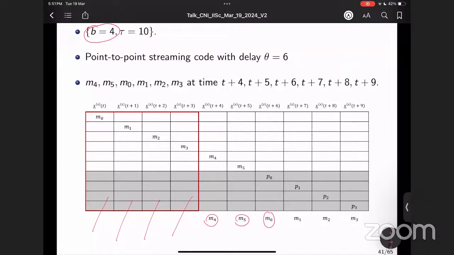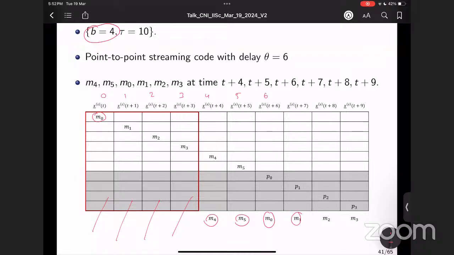So here M0 is erased. Now if you count the delay, this is 0, 1, 2, 3, 4, 5, 6. This is precisely 6. So at time slot 6, I should be able to recover M0, thanks to the HT code. So because of that, M0 is available. Similarly, even though I am receiving P1, effectively I am getting M1.